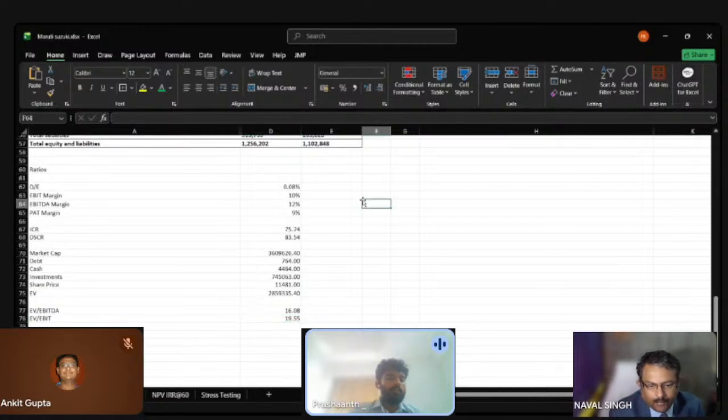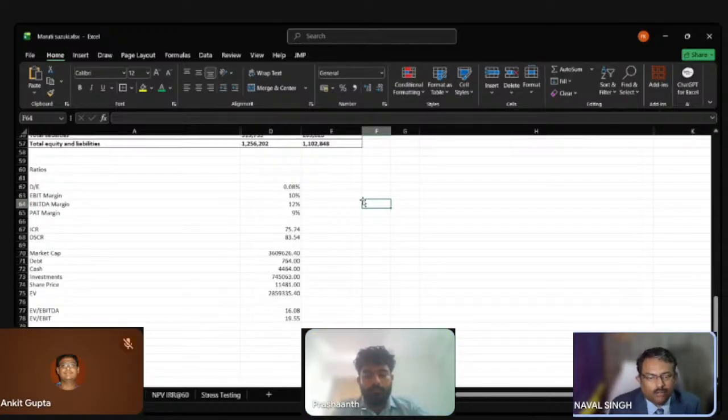It is even higher. It comes up close to 19.5. Fairly valued company.